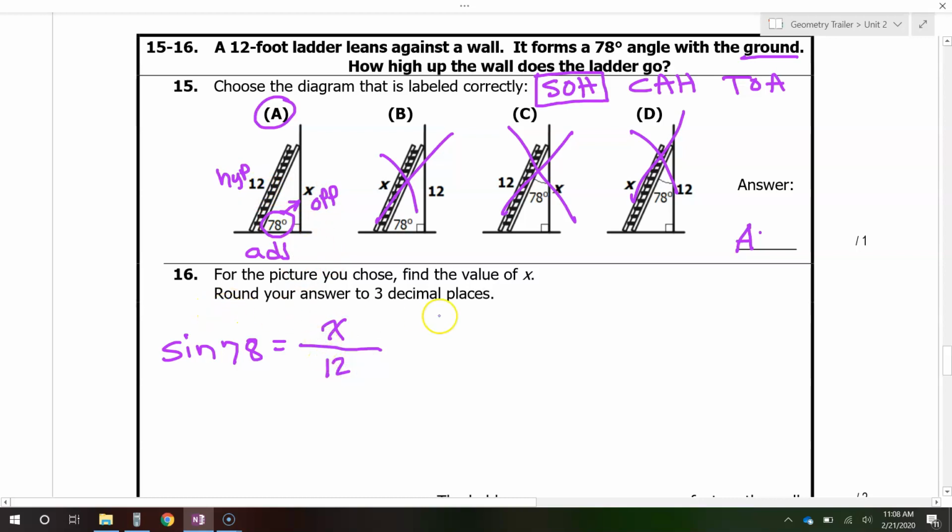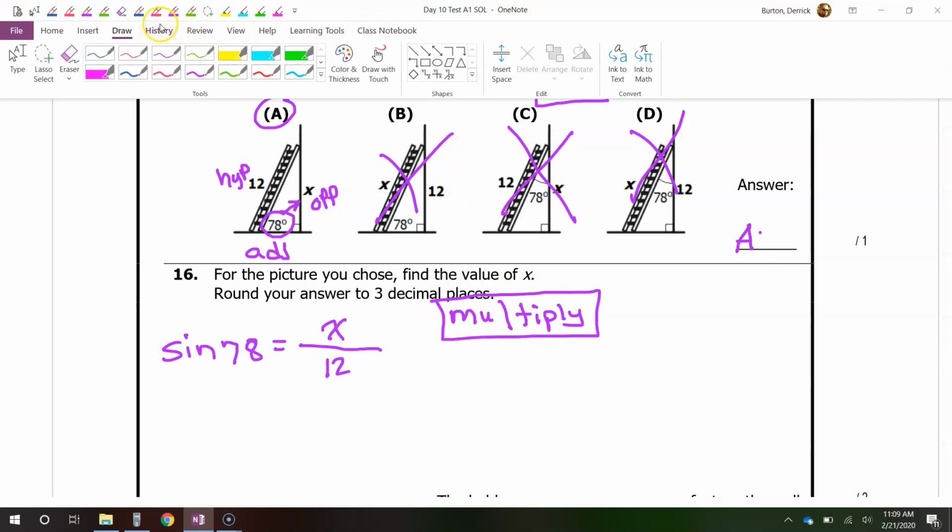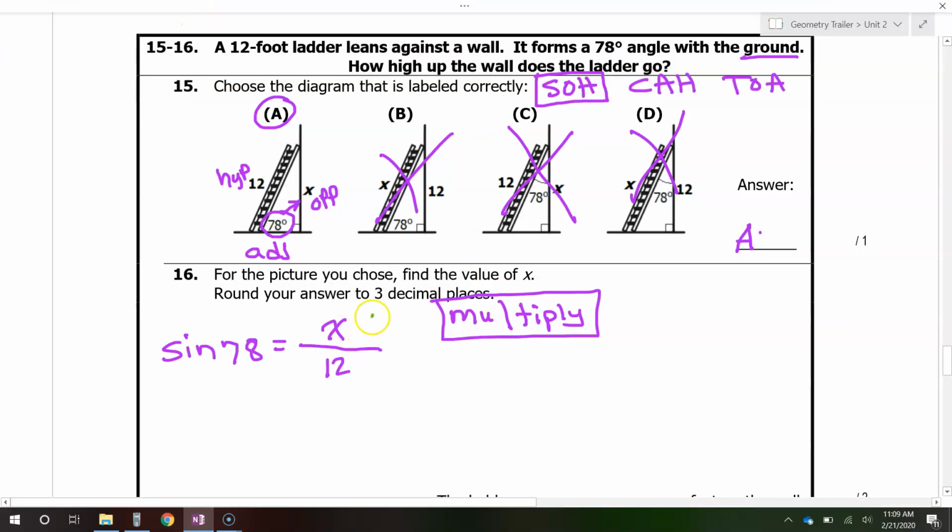When the variable is in the numerator like this is when you multiply. You multiply by 12. You multiply by the denominator on both sides. That way these will cancel out and you get X by itself.